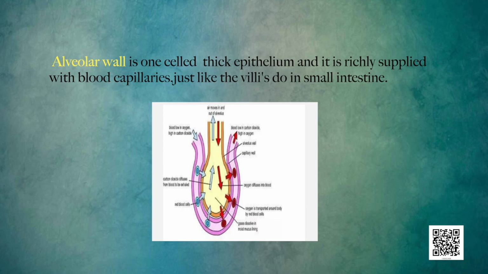The alveolar wall is a one-celled wall, and it is richly supplied with blood capillaries, just like the villi in the small intestine. Here again, we can see how the respiratory and circulatory systems are linked to each other.